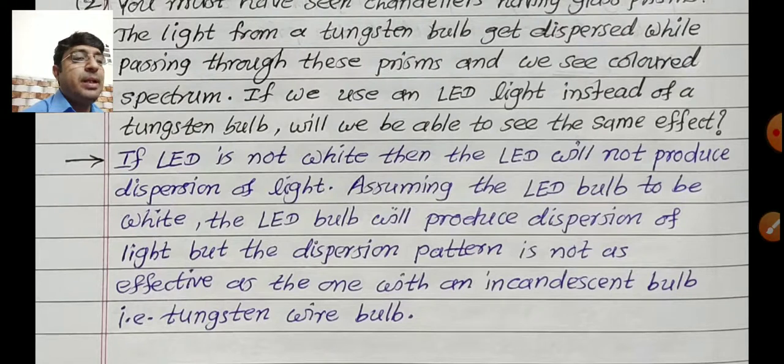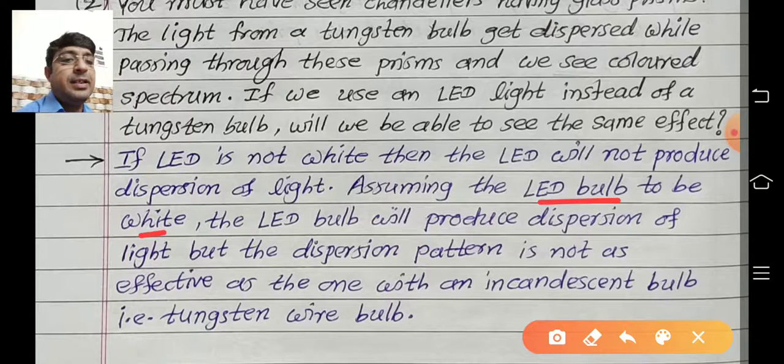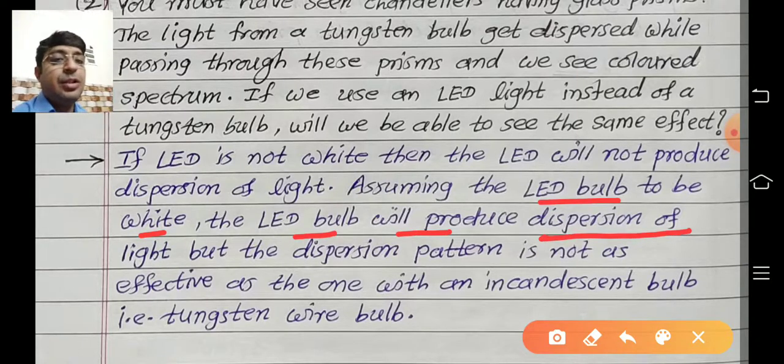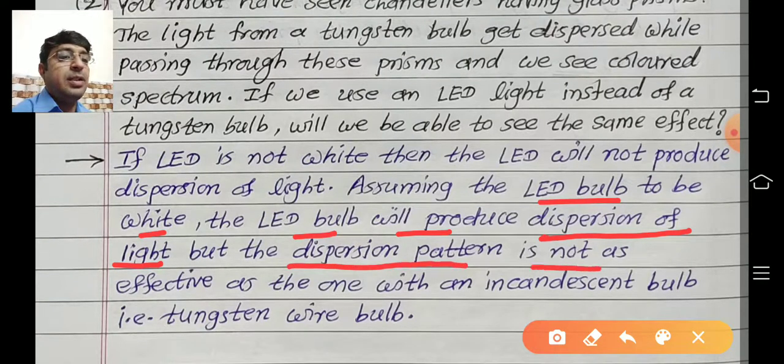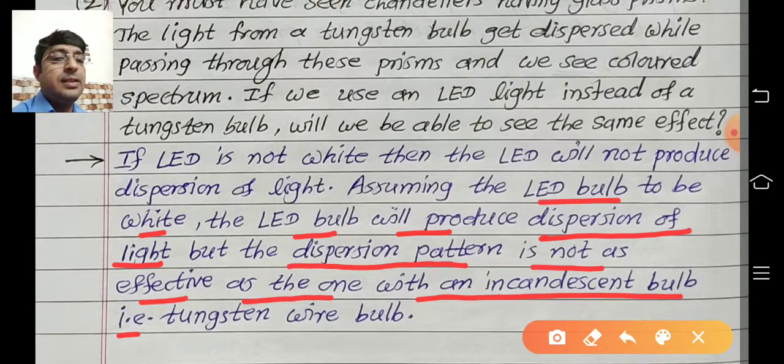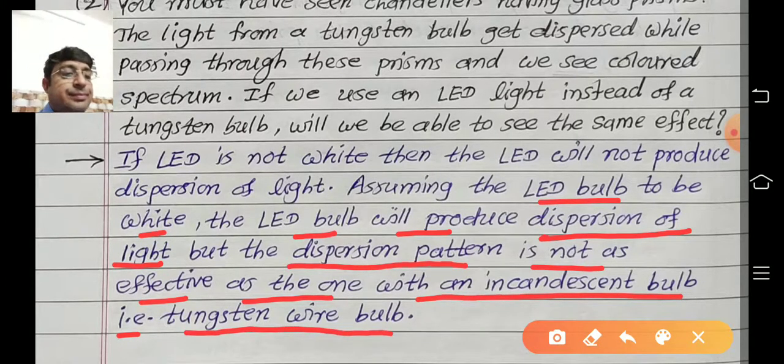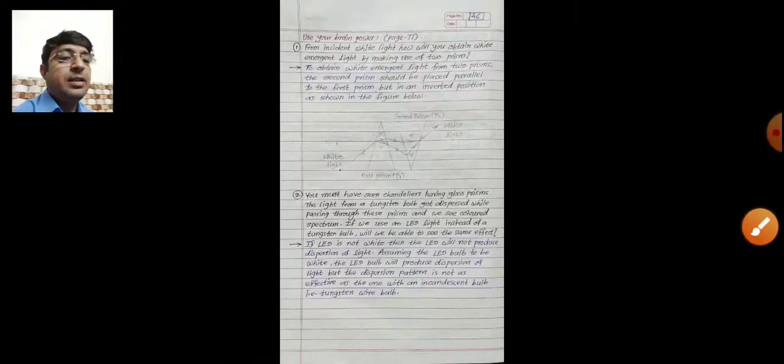Assuming the LED bulb to be white, then the LED bulb will produce dispersion of light, meaning we observe the 7 different colors in the form of a band, but the dispersion pattern is not as effective as the one with the incandescent bulb, that is the tungsten wire bulb. We observe it, but not properly. So that is the answer of the second question.